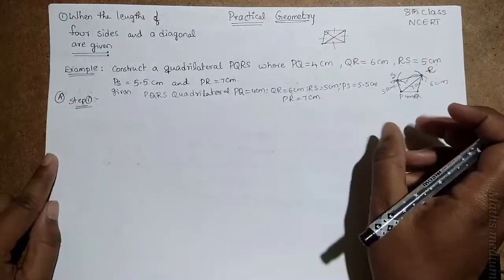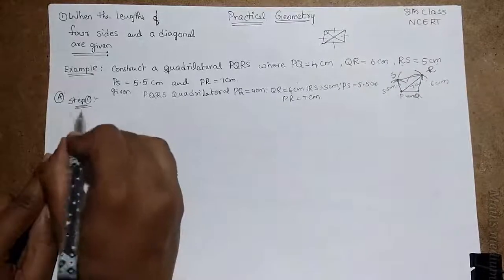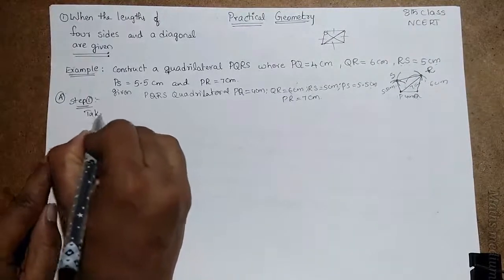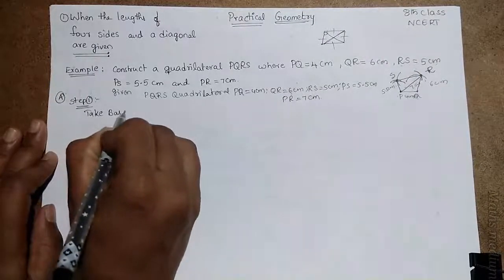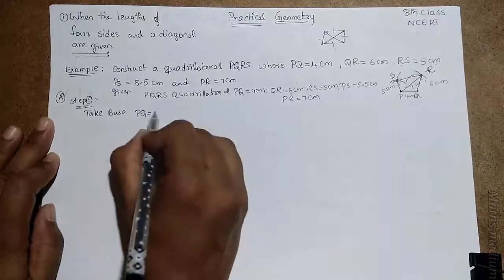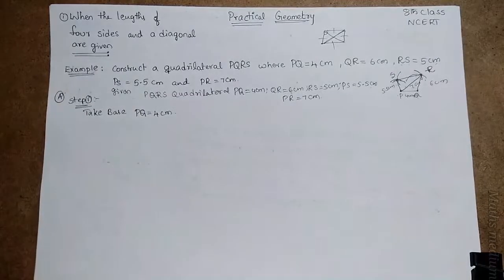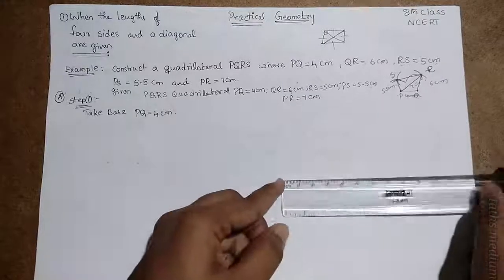If you take any construction of a quadrilateral or a triangle, we have to take a base. So step 1, take base PQ 4 centimeters. Here step 1 is completed. Let's take the help of a scale and pencil.